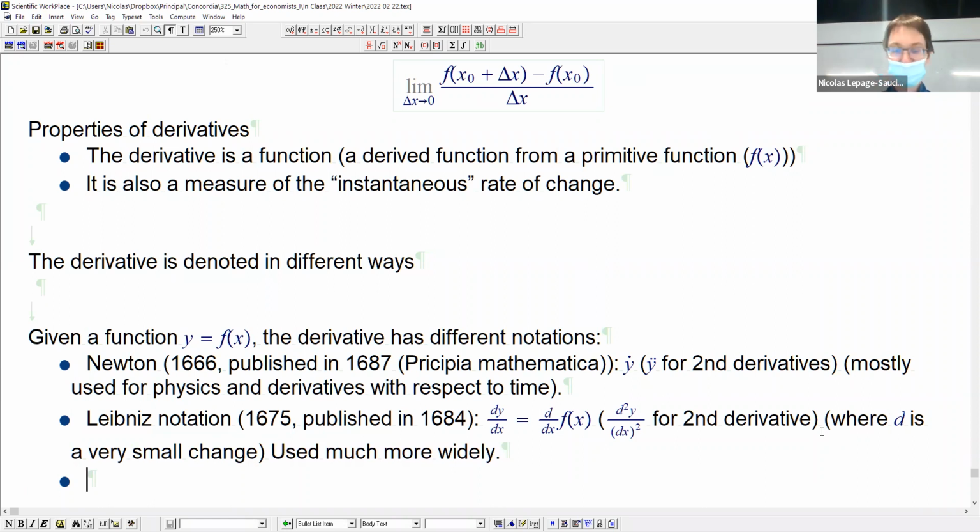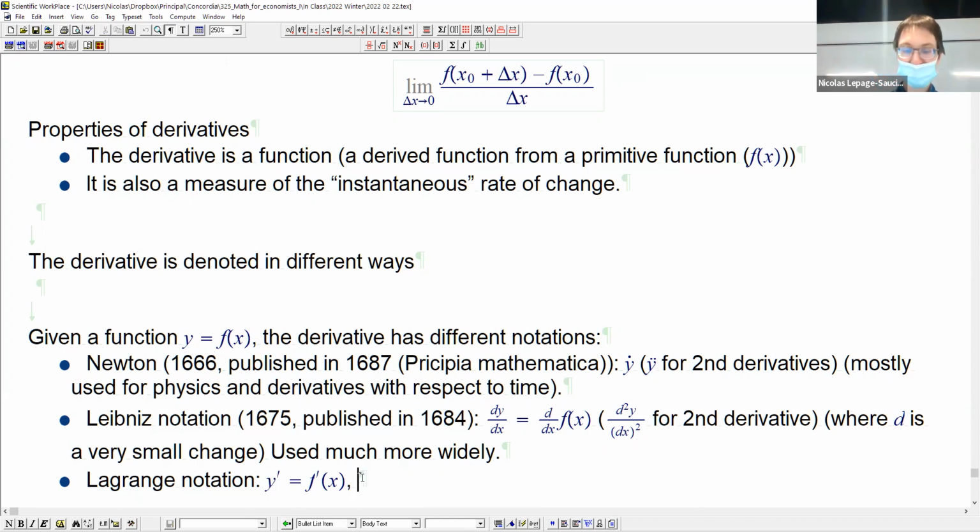And finally, Lagrange notation: y prime. You see y prime, like prime chicken. We mostly write this as f prime of x, but you could just say y prime, though it's not as widely used.